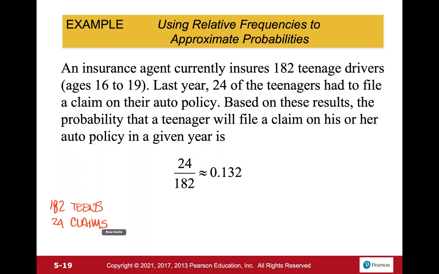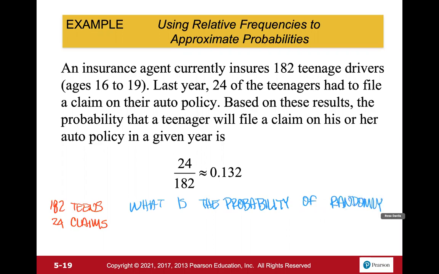Now the question here, I know they didn't state it, would be: what is the probability of randomly selecting a teen that filed a claim?